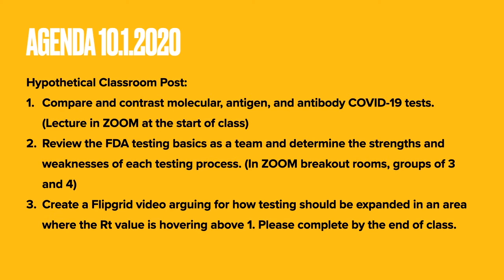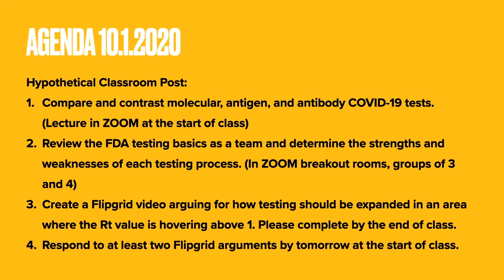Then that group is going to break out into its individual members, and they're going to create a Flipgrid video arguing for how testing should be expanded in a geographic area where the RT value is hovering above 1. Sorry if this is getting a little technical for some of you, but you'll see my point in a second. Lastly, for homework, every student is going to respond to at least 2 Flipgrid arguments by tomorrow at the start of class.